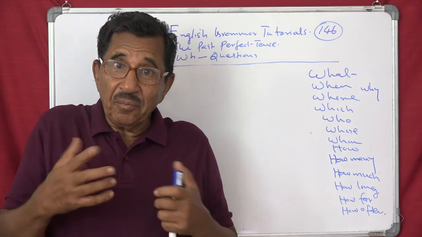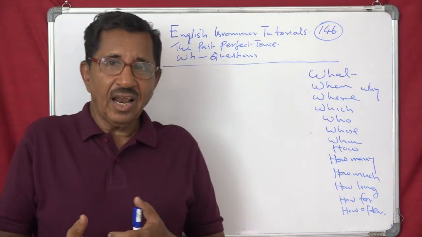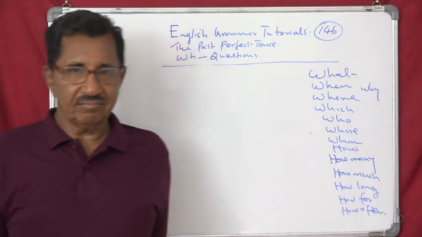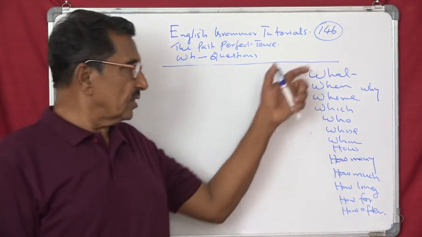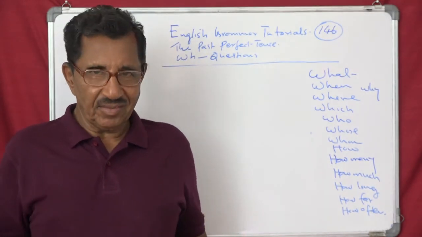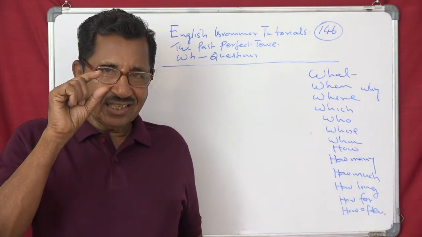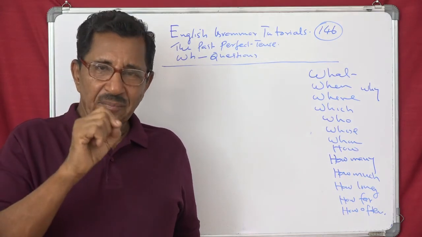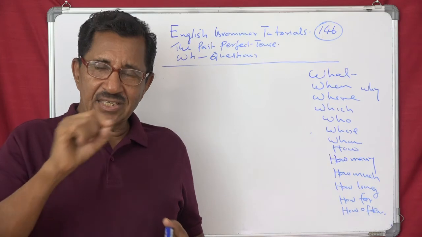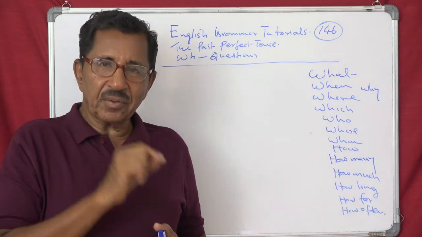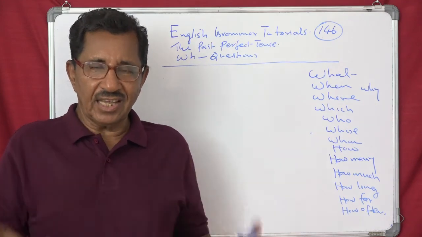So, how often had they gone to films in their younger days? So you have questions with all these question words. The principle is the same. You have to choose the appropriate question word. First step is to make the given sentence into a yes or no question, then add the appropriate question word. You will get the answer.